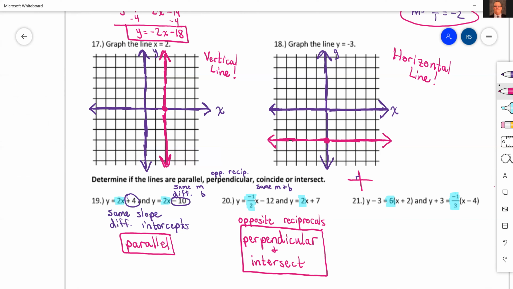They're different slopes. Now, are they opposite reciprocals? They're different, but are they opposite reciprocals? No. So these just intersect.